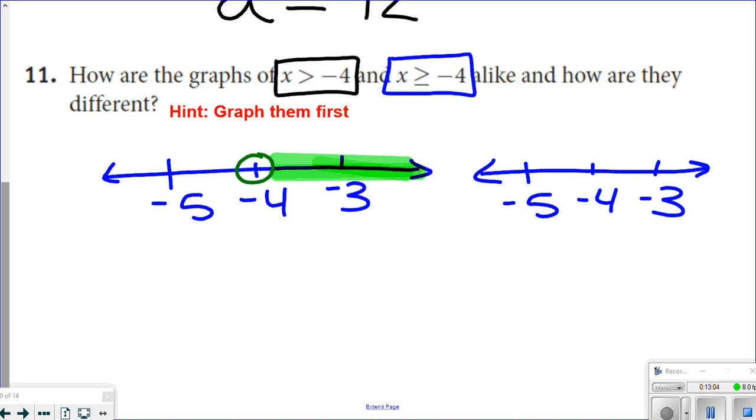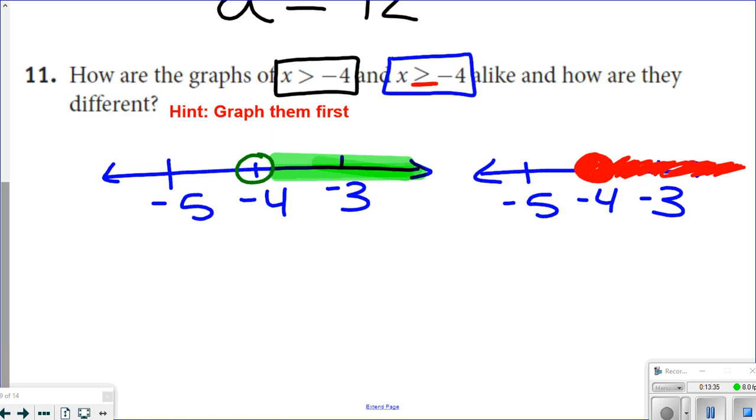The second one, x is greater than or equal to -4. So I still have my circle at -4. This time we're closing it or filling it in because -4 is included because of this or equal to line underneath. But I still need numbers greater than that. So we're still shading towards the right, towards -3, 0, 7.